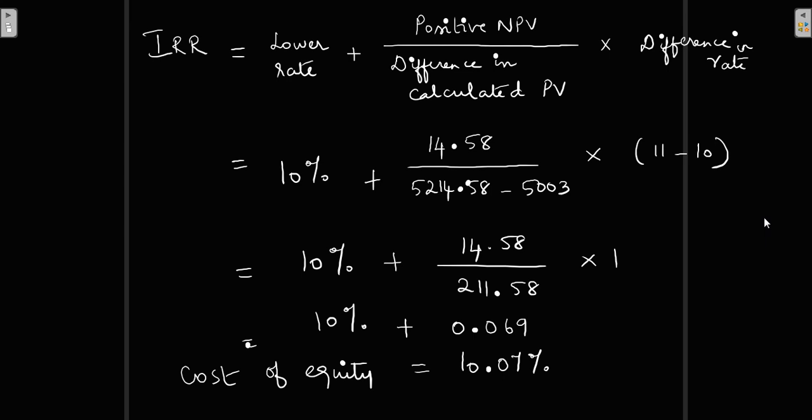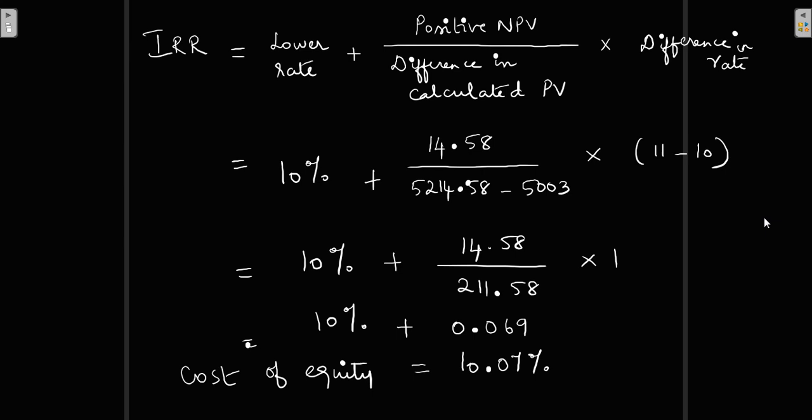So using the IRR formula, lower rate plus positive net present value divided by difference in calculated present value, into difference in rate. We tried 11% and 10%. Of that, 10% is the lower rate. So we take 10%.